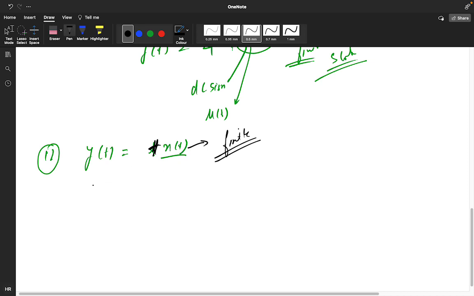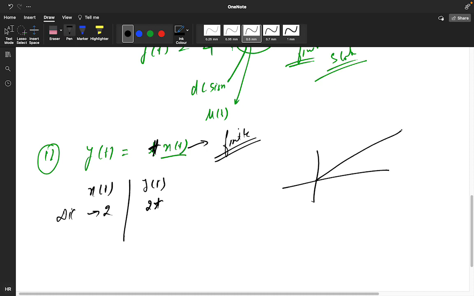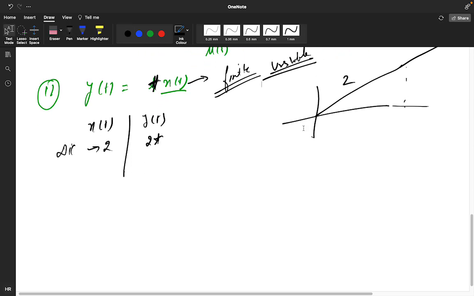Suppose you are putting x of t as a finite DC signal value of 2. What output will you get? 2t. If you draw the 2t curve, it will go like this. There is no boundary condition. So this is unstable.